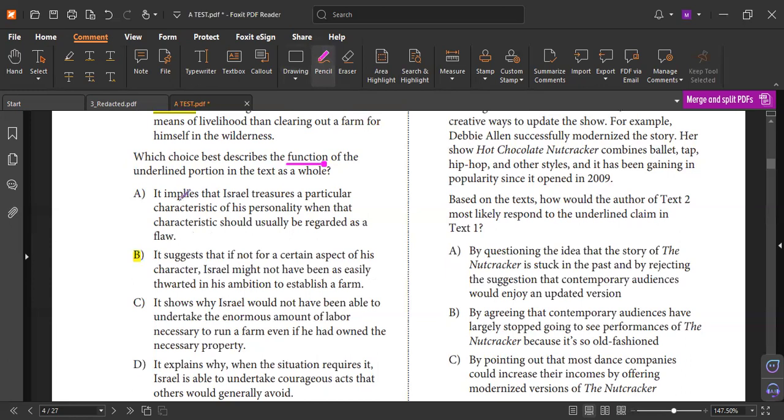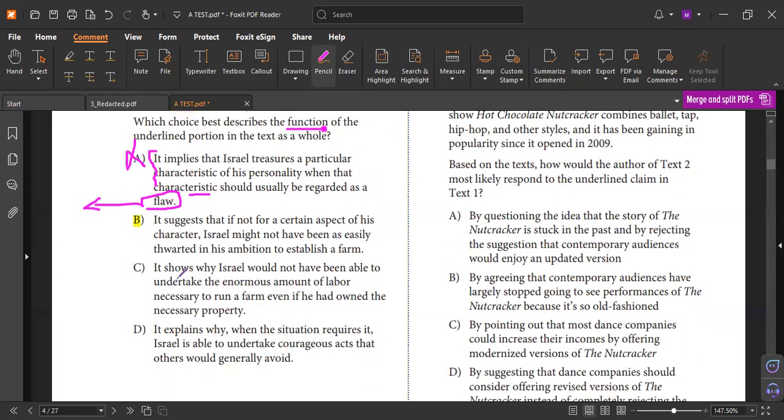Number one: it implies that in the underlined text, Israel treasures a particular characteristic of his personality when that characteristic should usually be regarded as a flaw. In the underlined part, he didn't mention that this characteristic is a mistake or a trouble in life. There is no evidence mentioning a flaw. So A is not supported.